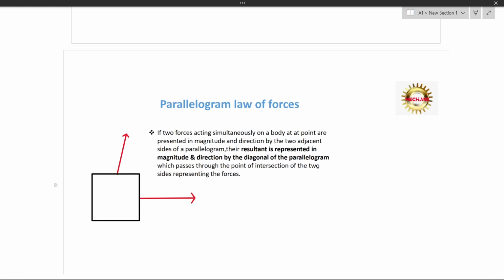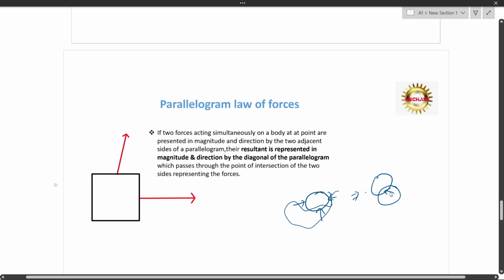See, for example, there is one body and multiple forces are applied on it. All these forces can be converted into a single force. This single force has to give the same amount of magnitude and displacement as these three forces combined.